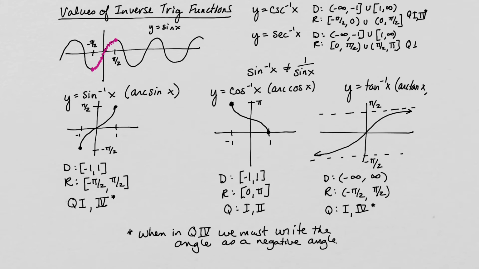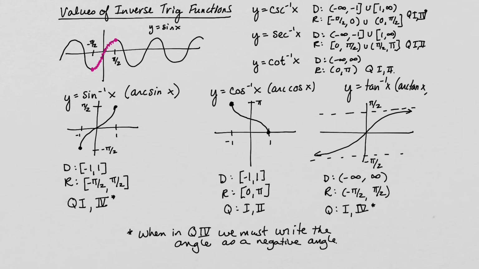So this is quadrants 1 and 2. Then, if I erase this, I can put the last one right here. Y equals the inverse cotangent of x. The domain is minus infinity to infinity, and the range is 0 to pi. So it's also quadrants 1 and 2.